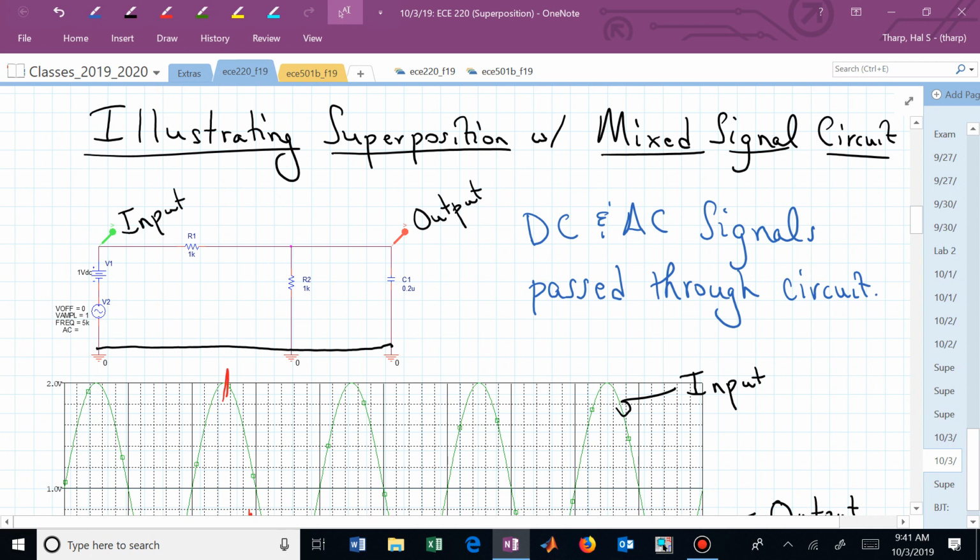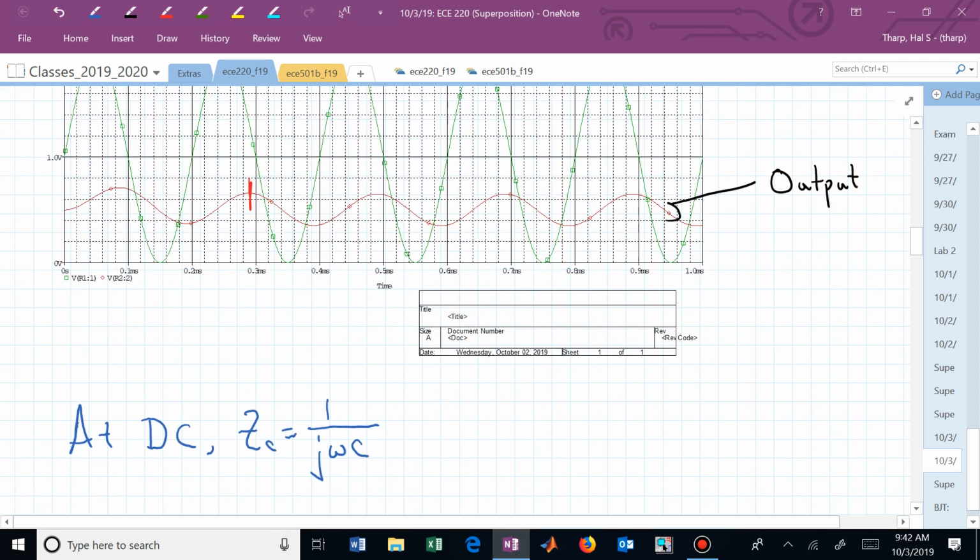That's what I'm trying to illustrate. You may not understand everything that's going on, but I'm trying to get you to think about when somebody says superposition, they are just taking things one at a time and then adding up the result. That's what we're trying to illustrate. Let me try, is the key word here, describe what we're doing.